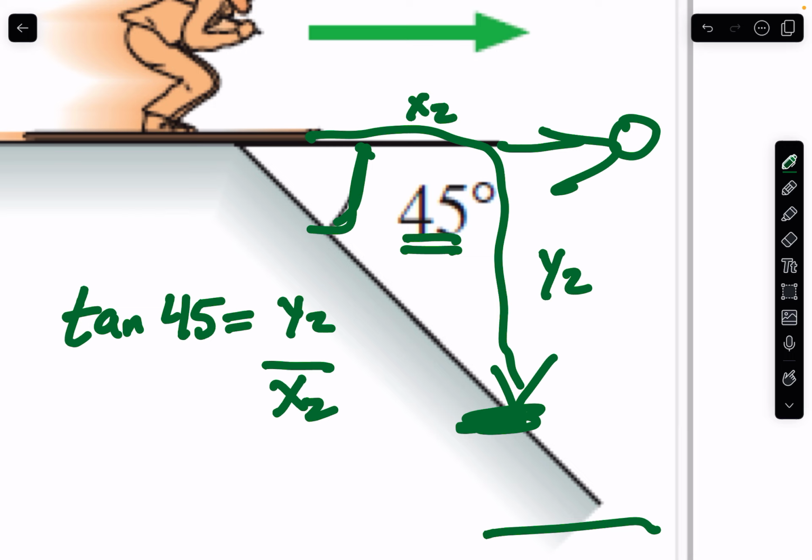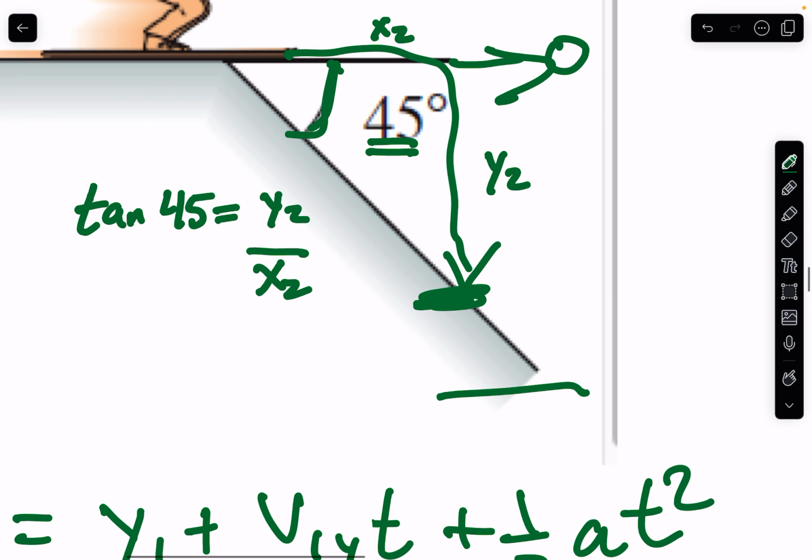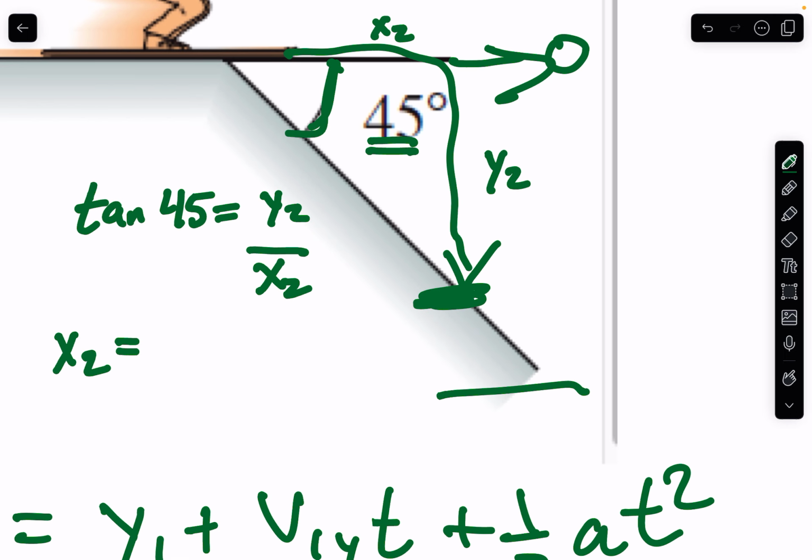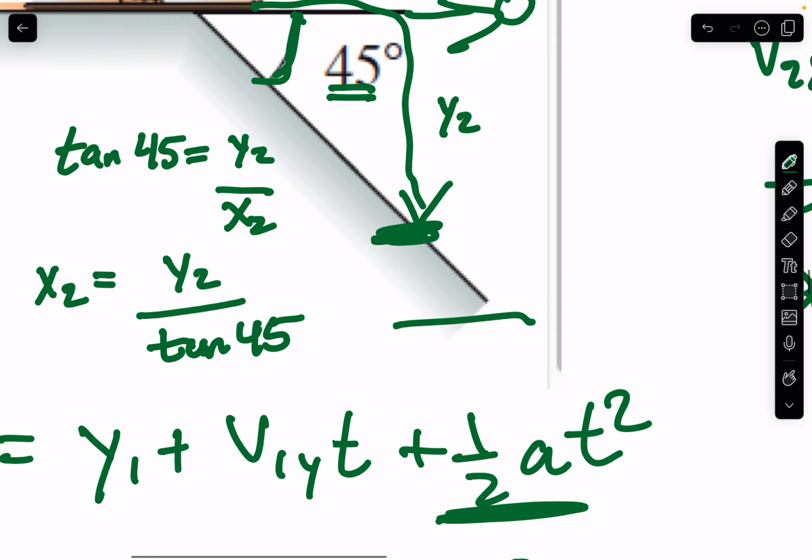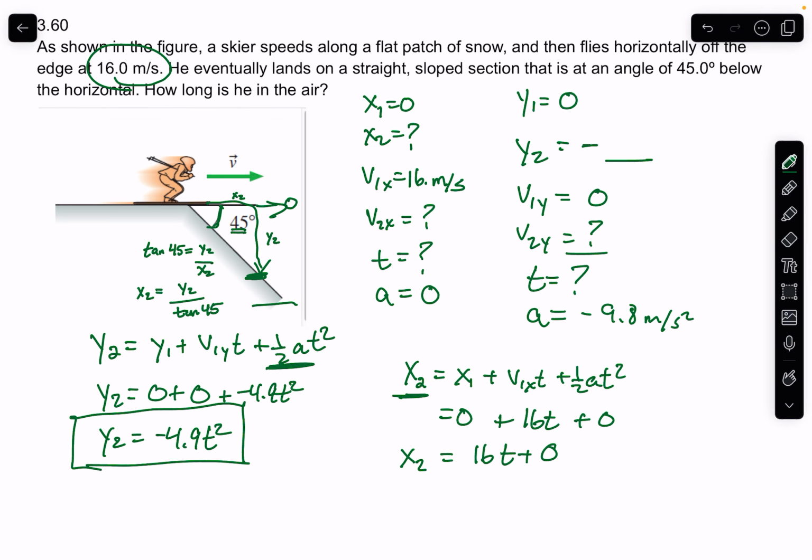And so then what I did is I thought this through and said x2 is equal to y2 over tan 45. All right, so if that's x2, I can now plug this in here.